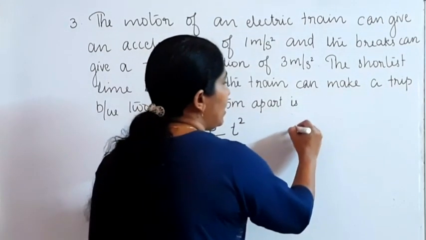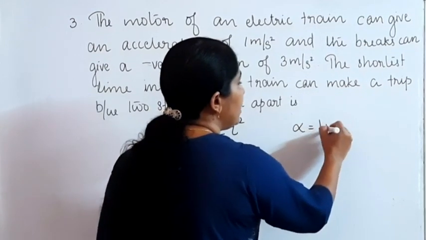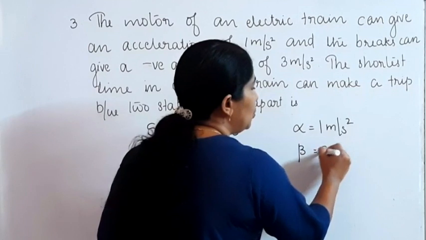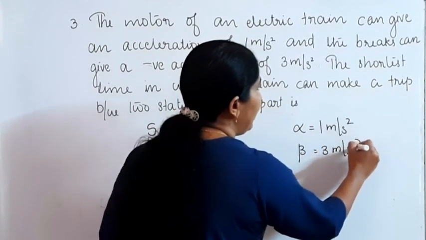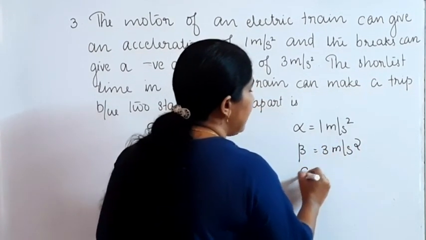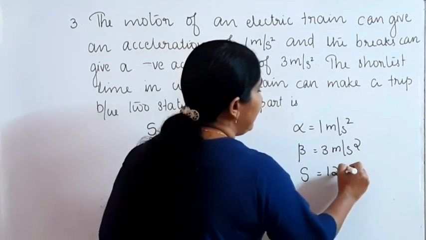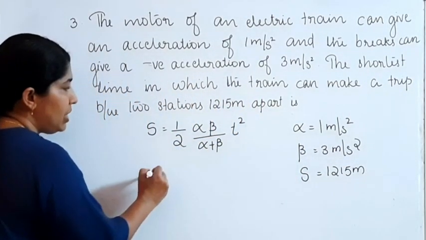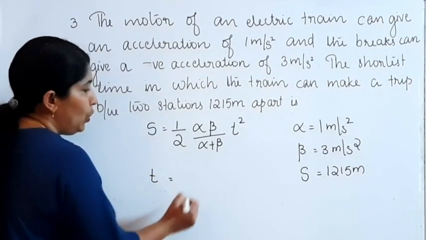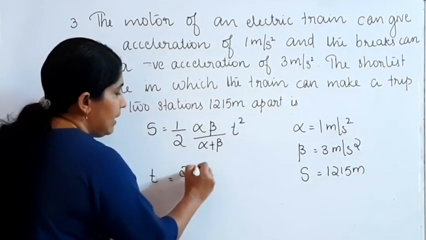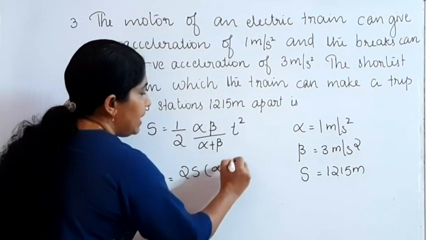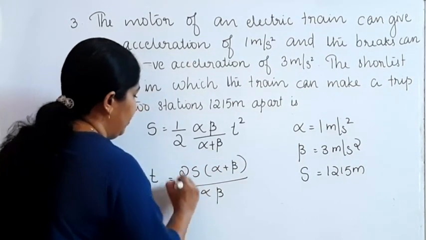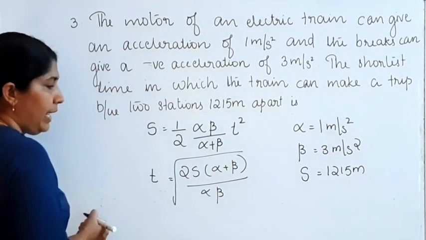Here alpha is equal to acceleration is given, that is 1 meter per second square. Beta is given, that is equal to 3 meter per second square. And distance S is equal to 1215 meter. That's given. Then we can find out the time T as T is equal to root of 2S into alpha plus beta divided by alpha beta. Okay.